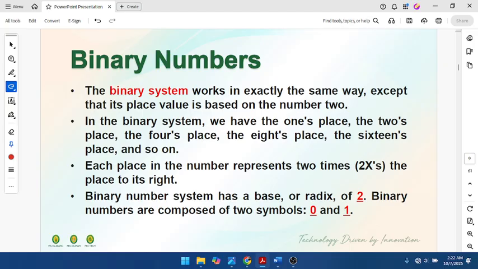This follows the same rule as decimal, but adapted for base 2: each place in the number is worth 2 times the place to its right.